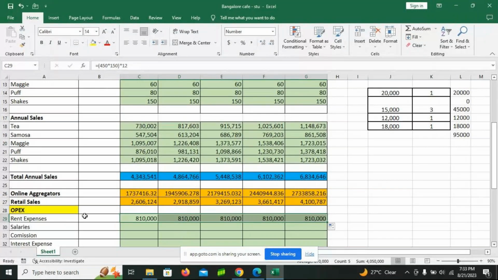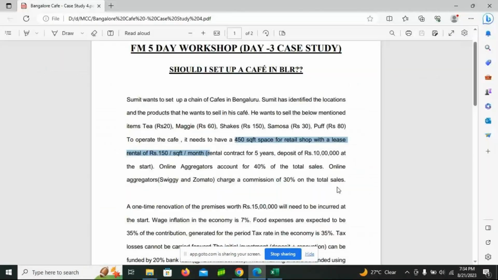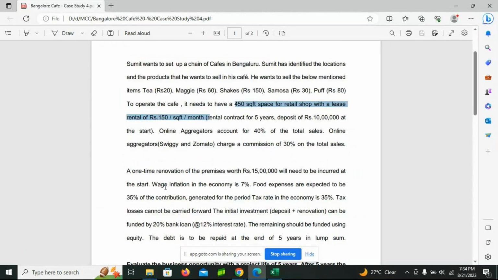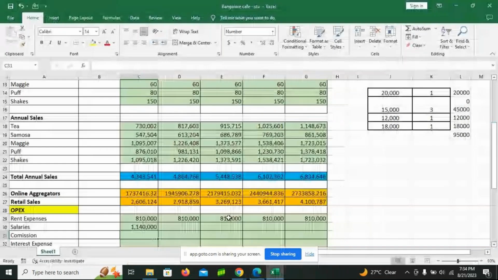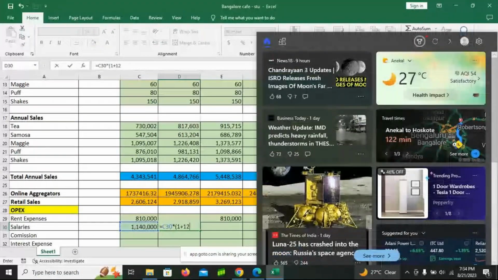Next, salaries. Per month the salary is 95,000, for 12 months, and they are telling that wage inflation in the economy is 7%. So there is inflation in this value: salaries into 1 plus 7%.